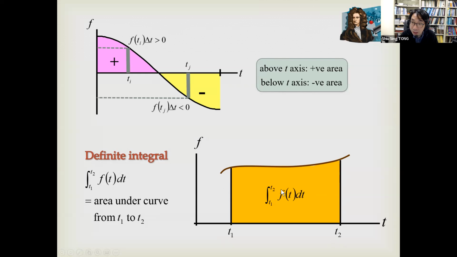So it represents the orange area as shown in this diagram. This is a very precise definition. It is this area, not the area in other places. So whenever we specify t1 and t2, we know the exact area to be found. And if you do the integration for a given function, you should get a number, and the number is exactly that area.